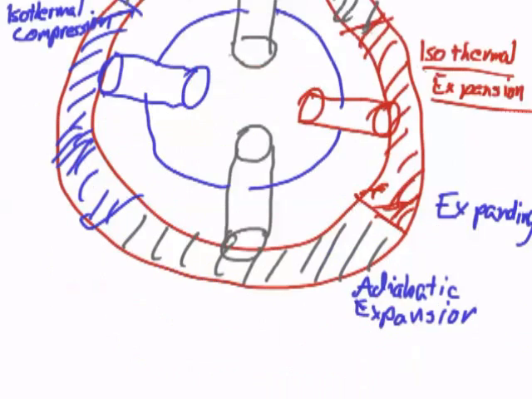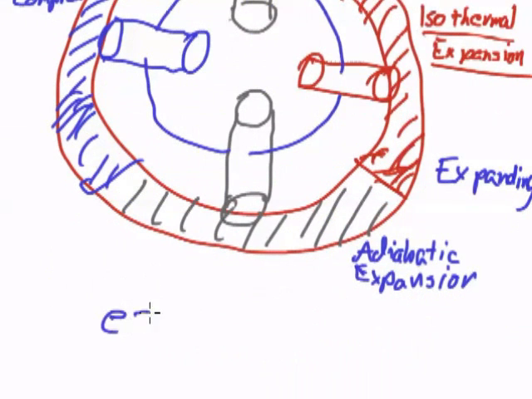Now, the efficiency of a Carnot engine is E equals 1 minus the cold temperature divided by the hot temperature. So that's the ratio of the temperature over here divided by the temperature over here. And that has to be in Kelvin.